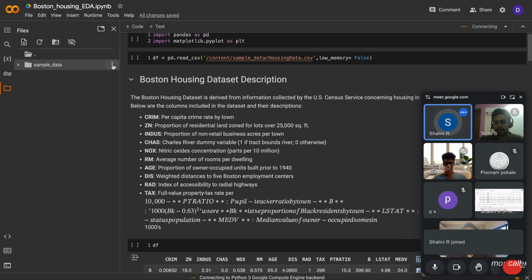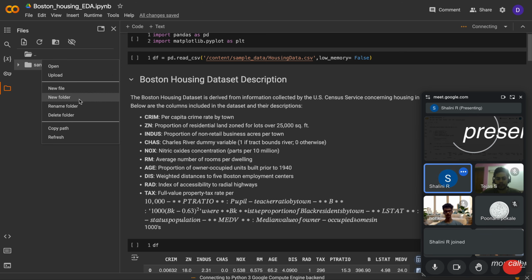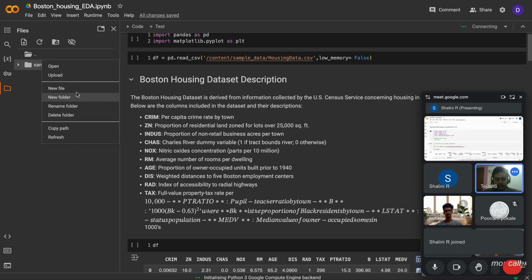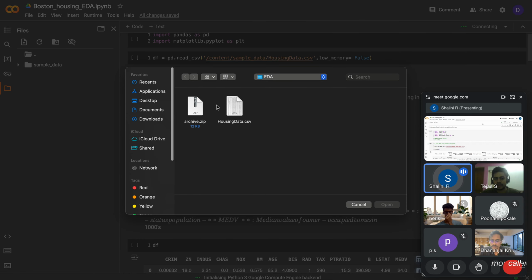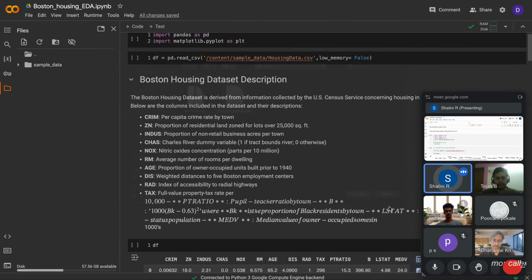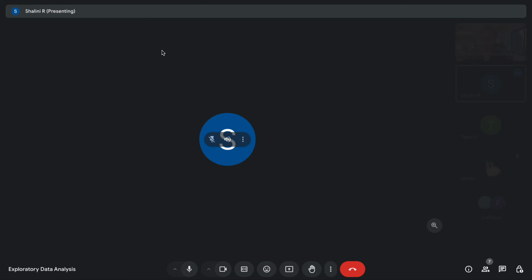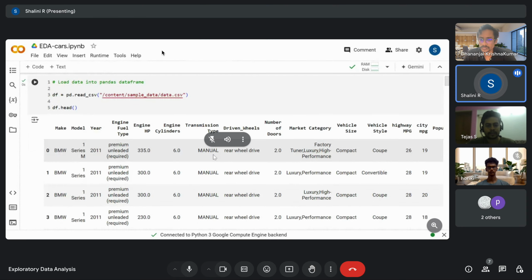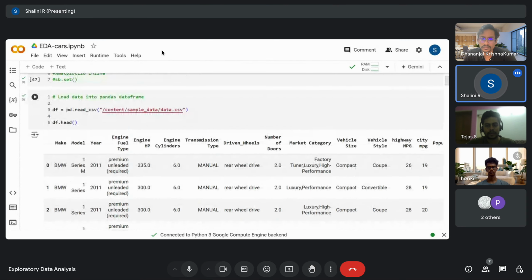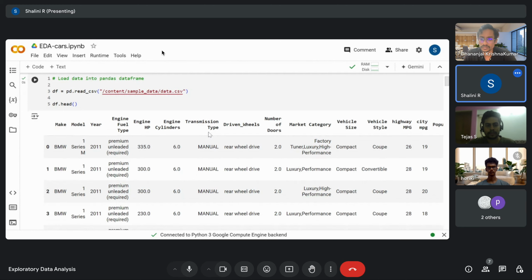Are you guys able to see? Yes. I just used the simple cars data set. I took it from Kaggle.